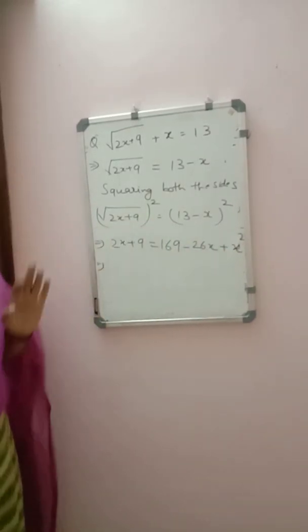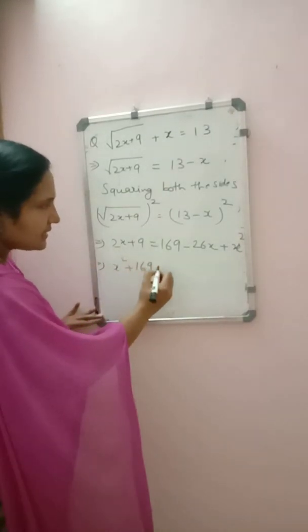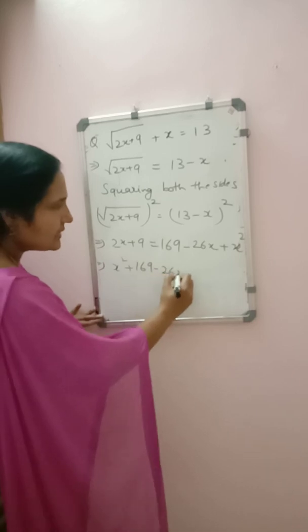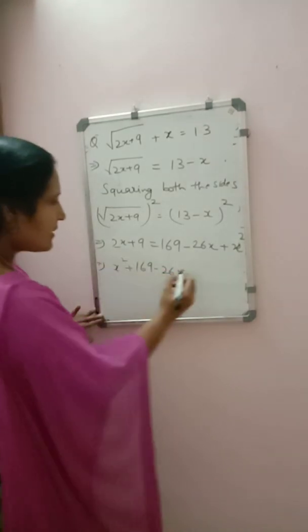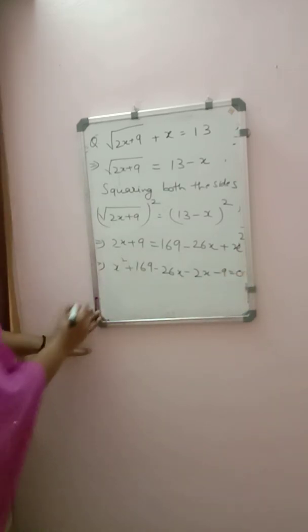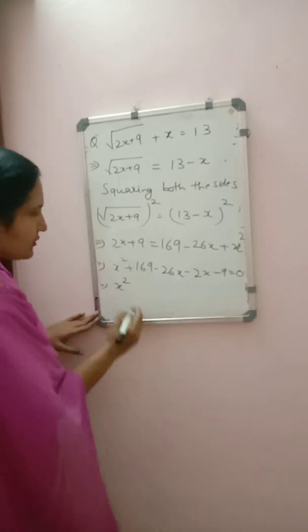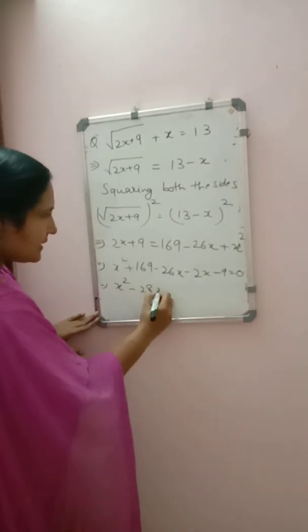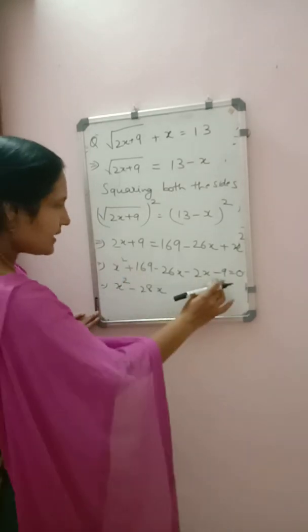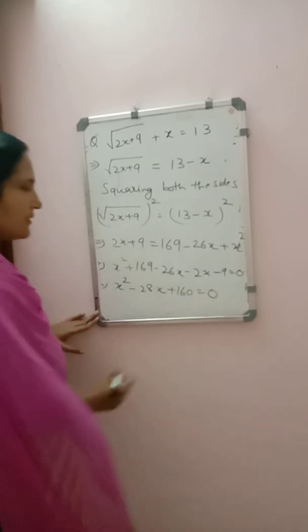Again we will shift all the expression to one side: x square plus 169 minus 26x minus 2x minus 9 equal to 0. x square minus 28x, since 26 plus 2 is 28, and 169 minus 9 is plus 160, equal to 0.